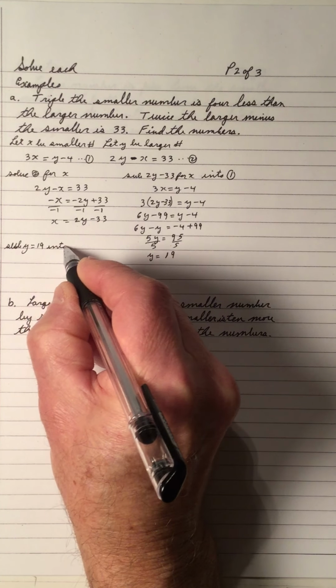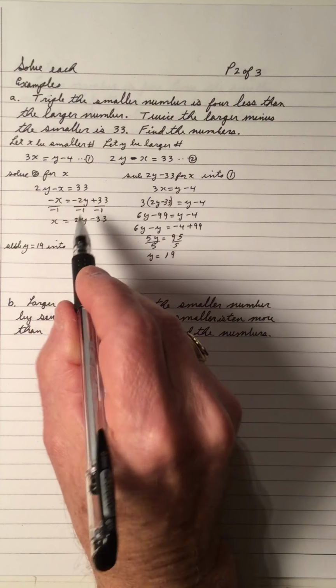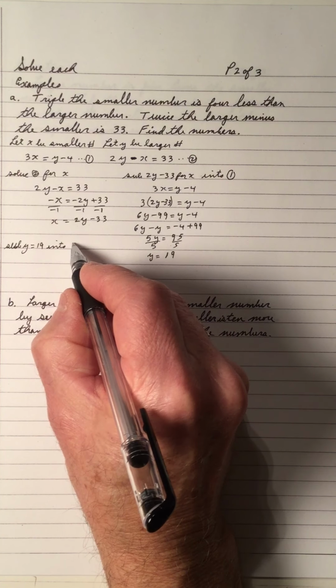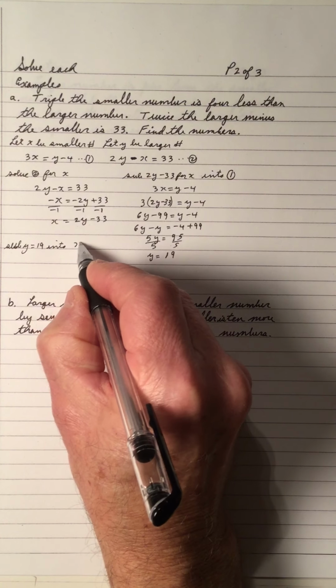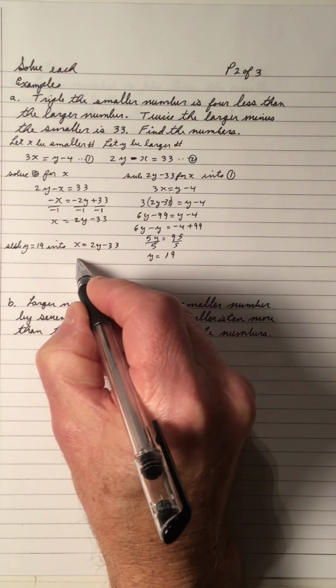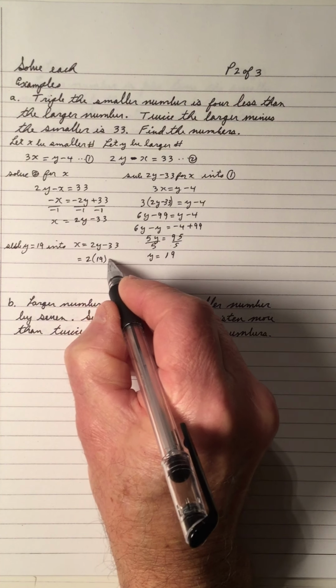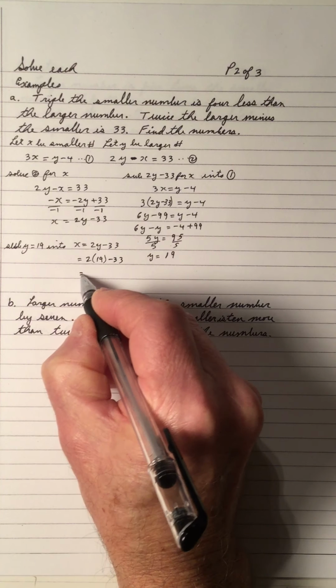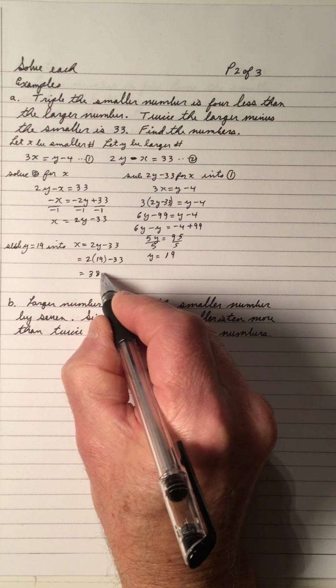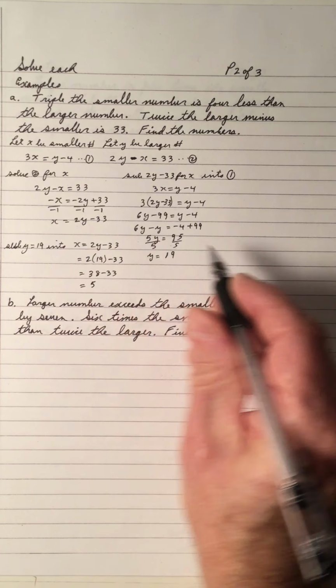into one of the equations. I have a choice to sub it into 1, sub it into 2, or sub it into this one. I'm going to sub it into this one right here, because when I sub in y is 19, it's perfect to do. So that's 38 minus 33. I get x to be 5.